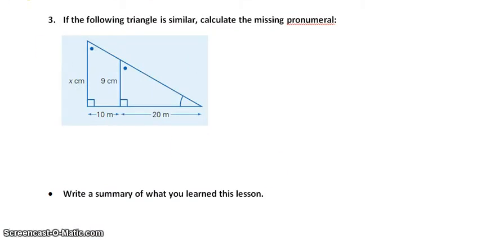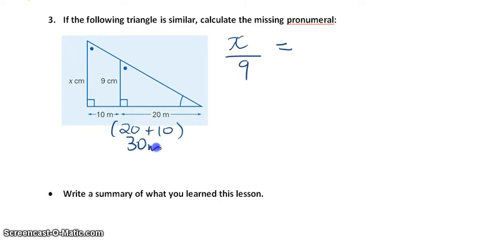Okay, last example for now. It says if the following triangles are similar, calculate the missing pronumeral. These two triangles are similar and they want us to get x. I'm going to start off by matching the sides. X over, that side there matches with this side here, 9, is equal to, now x is in the bigger one, so I need the whole side length here, which is 20 plus 10.